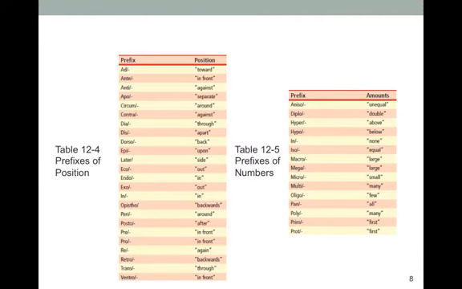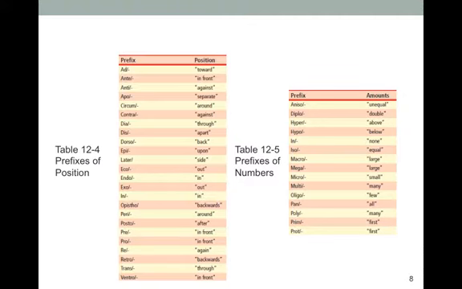Prefixes of position. Ad means toward. Dorso would mean the back. Dorsiflexion is an example of this. Latero, side, lateral. Endo, inside. Exo, outside. An endocrine organ would be inside the body.